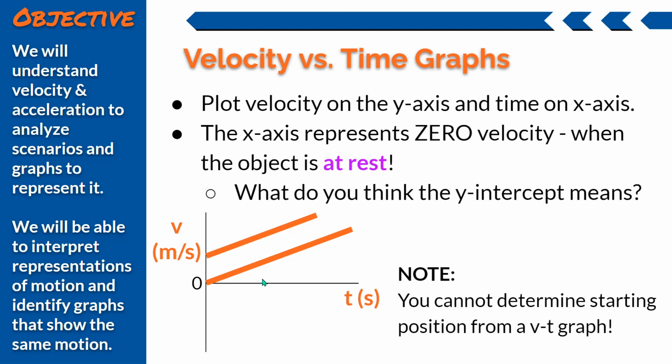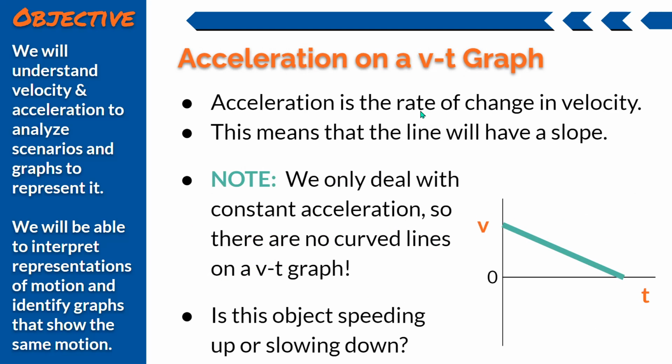Okay, but now we have two different lines on this graph that are showing different velocity values. And so how do we interpret them? Again, on my graph here, my y-intercept tells me my initial velocity. This one started from rest, whereas this one was already moving at time of 0. Okay, so let's talk about what these VT graphs are going to look like and some of the rules.